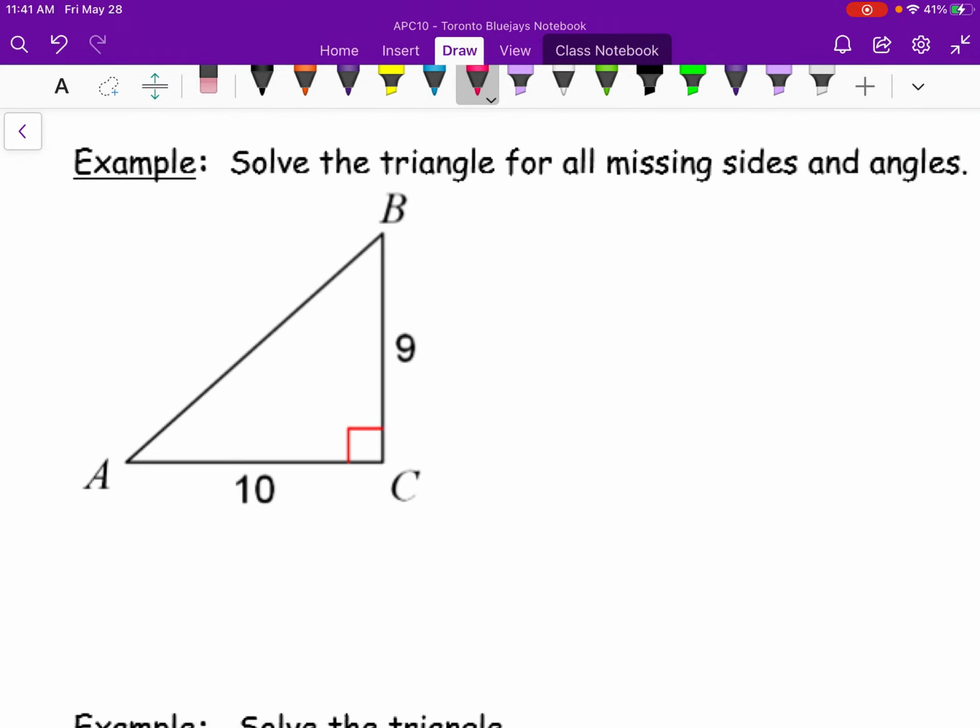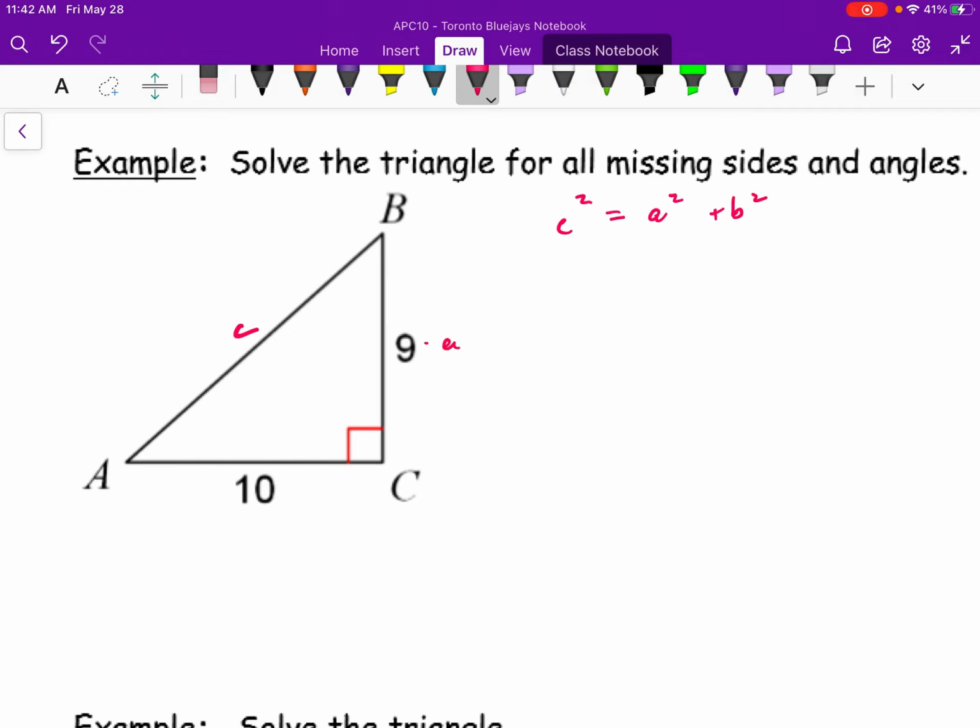If I'm solving this triangle and I'm solving all missing sides and angles, I have 2 pieces of information, or 3 if you include the right angle. I need to find the hypotenuse side. So I'm going to label this with lowercase c and simply say c squared is equal to a squared plus b squared.